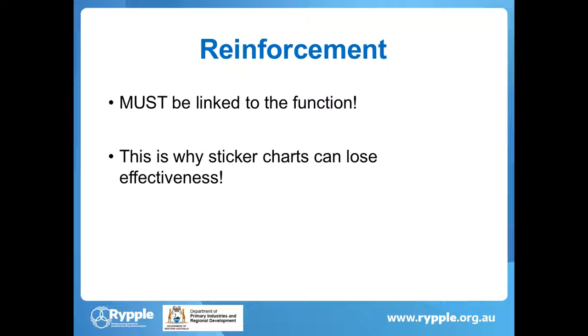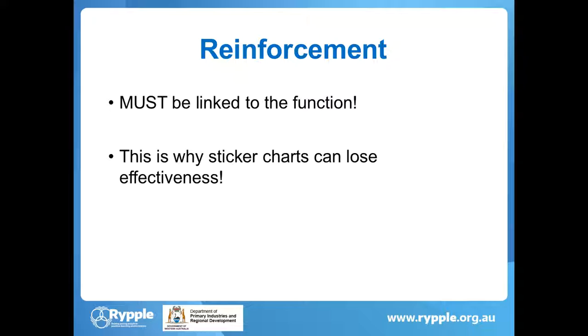So we need to figure out a way, so they'll take it to start with, but then they'll get kind of sick of it after a few days. So that's why people say, oh, the sticker chart worked, but then it stopped working. When it's novel and exciting, kids will be interested in it, but in order for it to maintain effectiveness, we need to help the child to get their needs met. So if a child wants to get attention from adults, we need to teach them a new behaviour that allows them to get attention from adults.